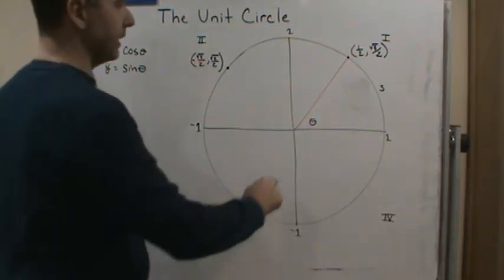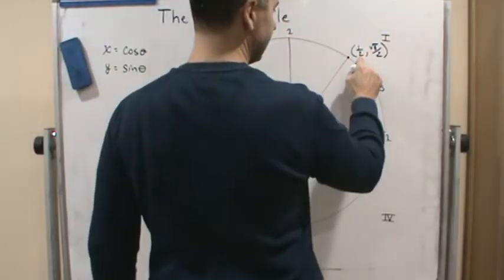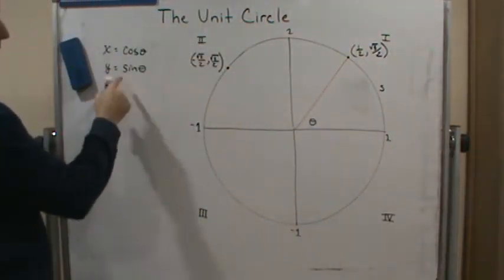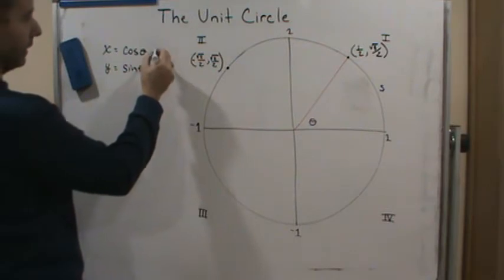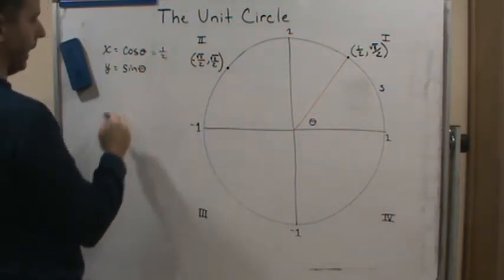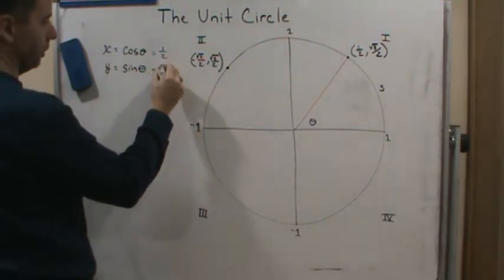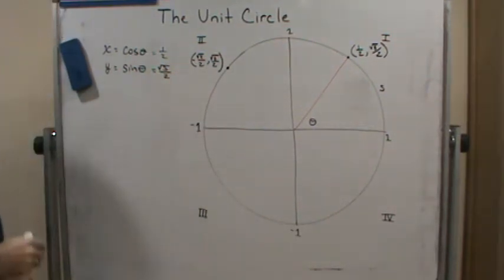And so let's take this point here. We know that this is x comma y, so we know that x is equal to 1/2 and y is equal to root 3 over 2.